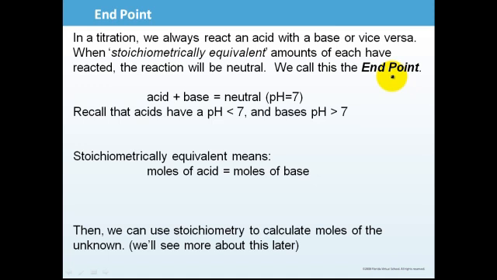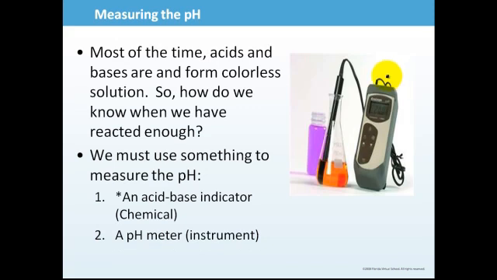Now there are a few different ways that we can figure out when we've reached the end point. One way we can do that is with a pH meter. All right, and that's pictured right here. This instrument looks just like any type of meter you may have come across, like a voltmeter, things like that. It uses this electrode.